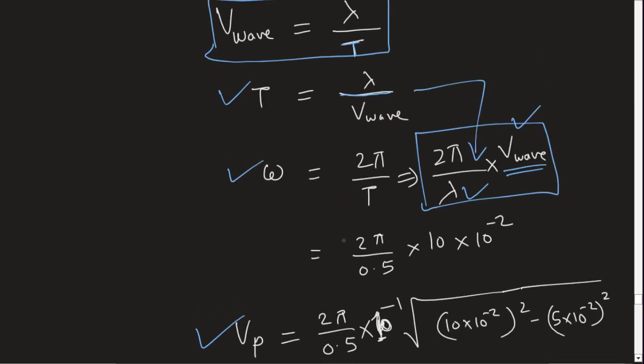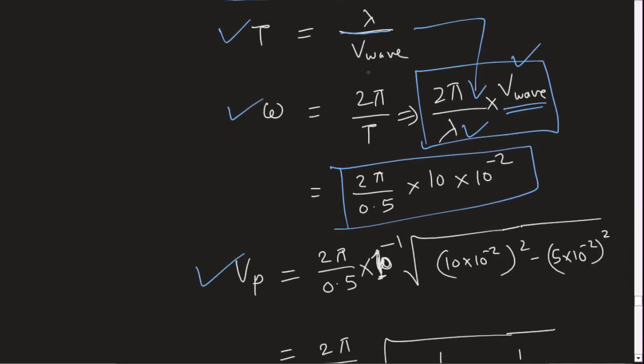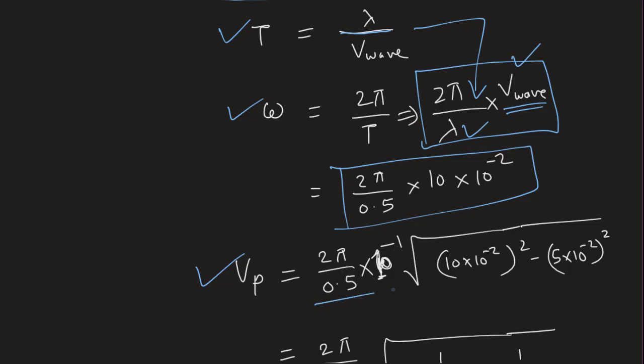But before that, we have calculated this omega as this one. And now we can put all the values because we know omega, we know amplitude, we know displacement as well. So just put these values there. So 2 pi divided by 0.5, 10 raised to minus 1. This is the omega, this is the amplitude, and this is the displacement.